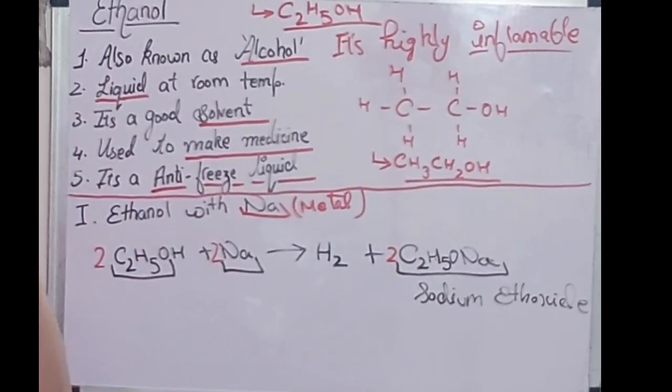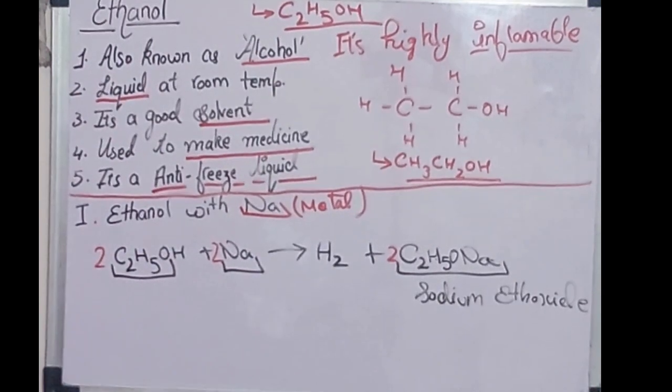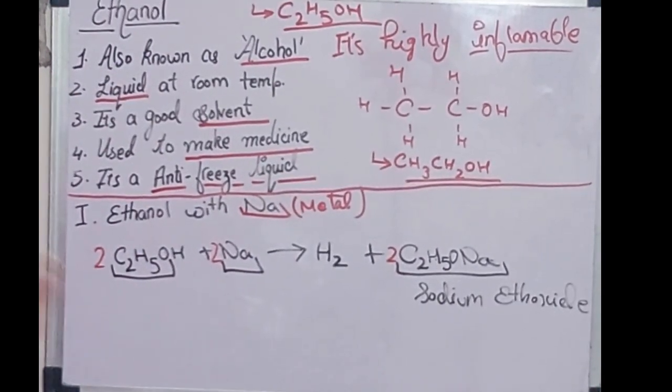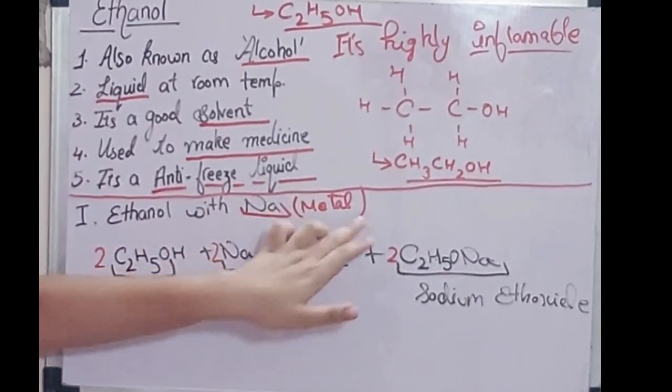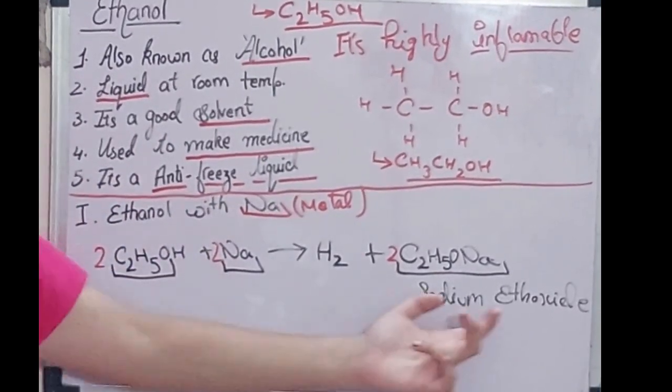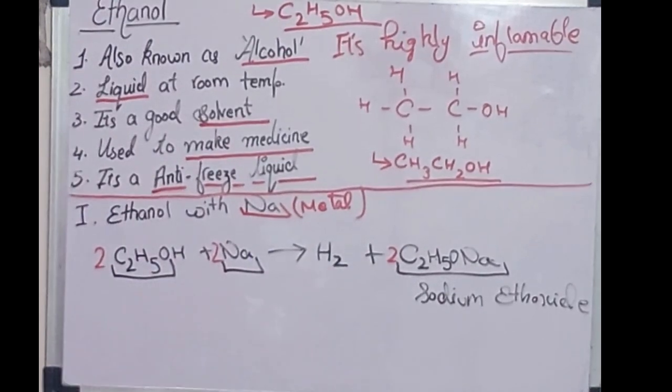Okay, means it is volatile, it burns easily. So coming back to this, ethanol with sodium, that is a metal, gives us sodium ethoxide and hydrogen. This is its first reaction.